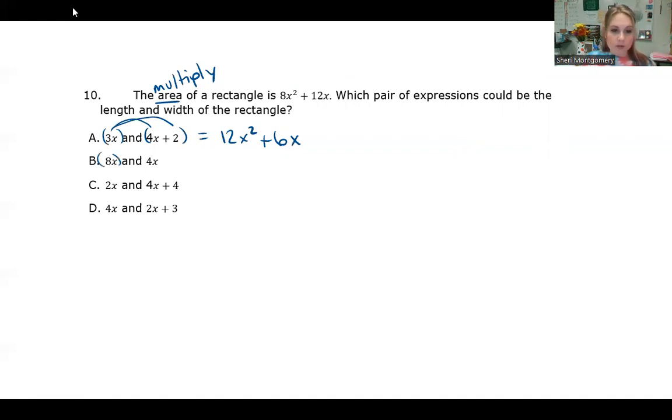For the next one, we have 8 times 4 is 32, x times x is x squared. So far, neither one of those work.